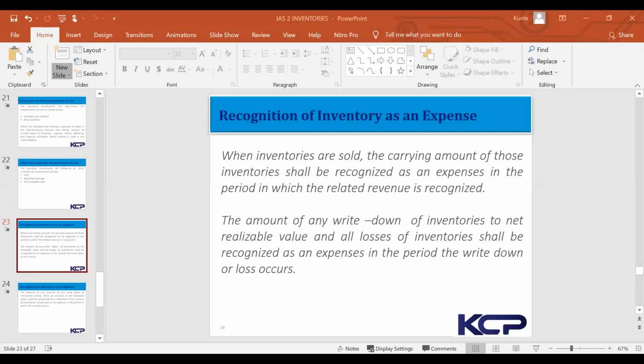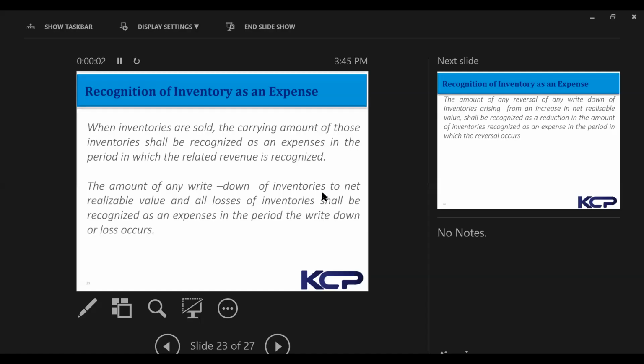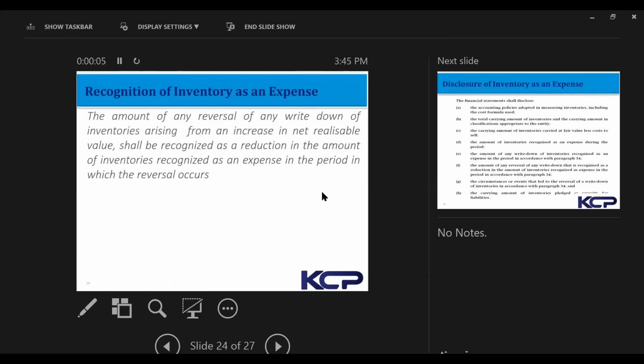Is that clear? All right, so recognition of inventory as expenses still continues.